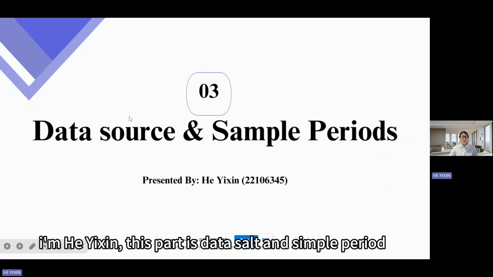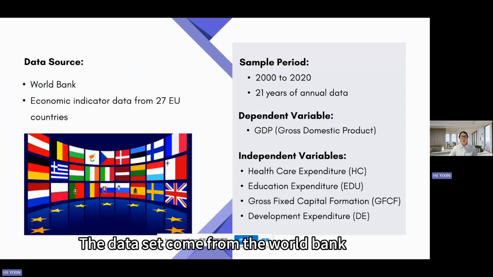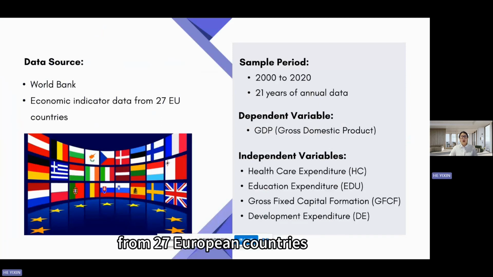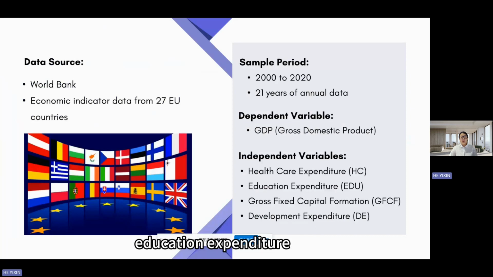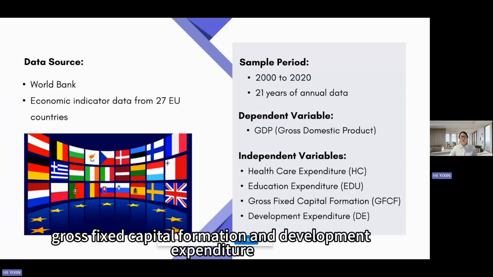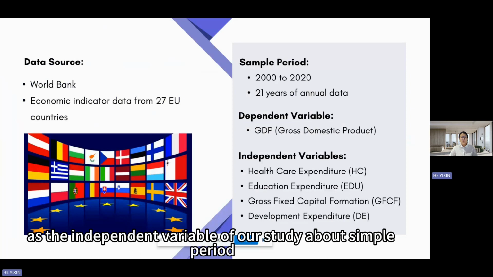Hello everyone, I'm He. This part is data source and sample period. The dataset comes from the World Bank. We selected economic indicator data from 27 European countries. We selected gross domestic product as the dependent variable and healthcare, education expenditure, gross fixed capital formation, and development expenditure as the independent variables of our study.